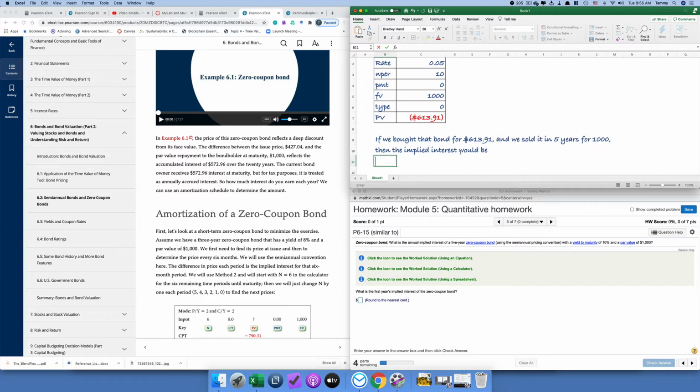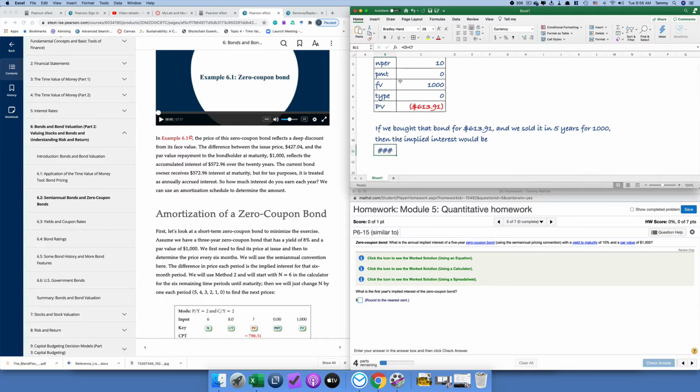Well, you know what? Let's set up Excel to do it right. Would be 1,000 minus, or in this case it's plus because it's plus a negative. Would be $386, right? So that's our profit on the bond.